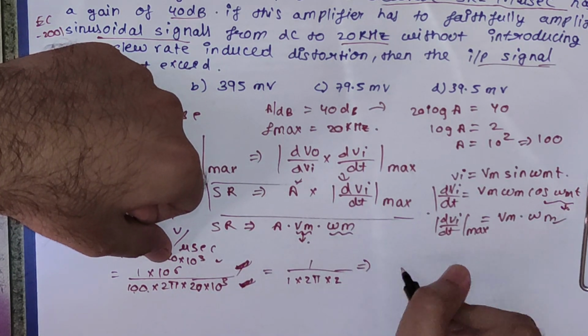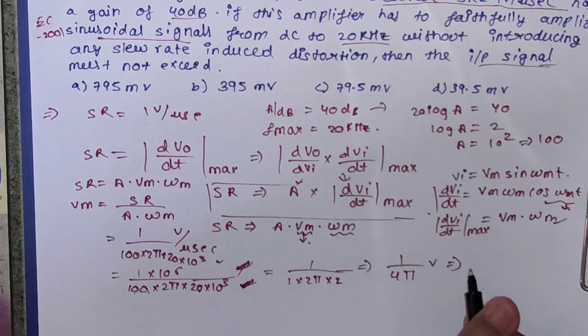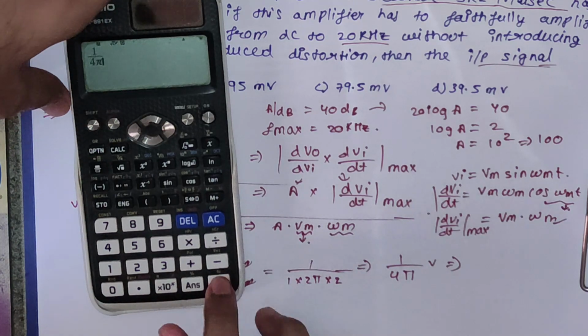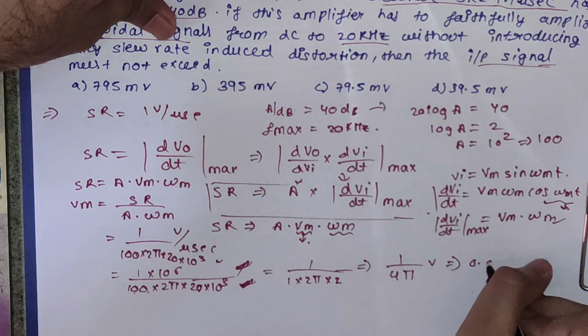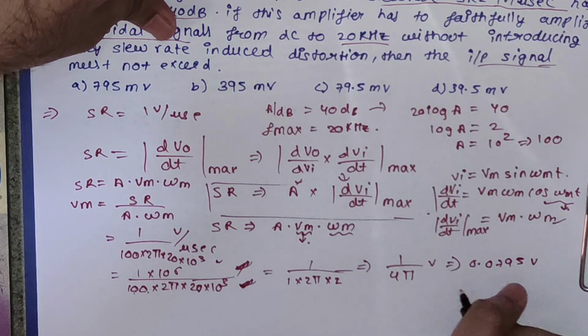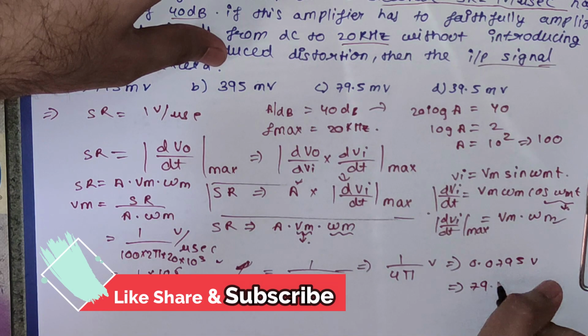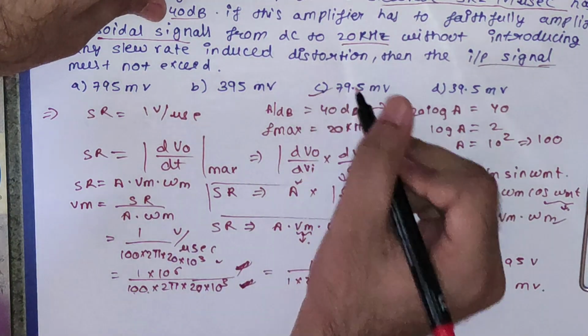So basically you are remaining with 1 upon 4 pi volt. This is your answer, 0.0795 volt, so in millivolts it will be 79.5 millivolts. From the options you can see C is the correct answer.